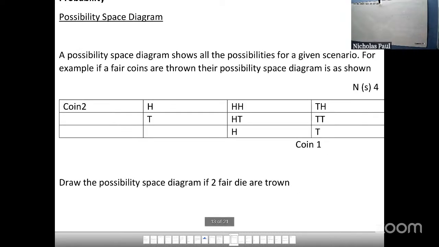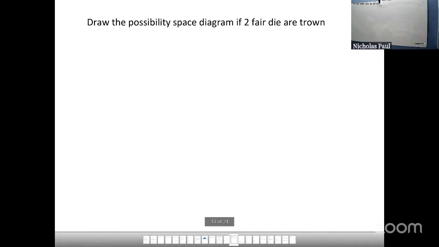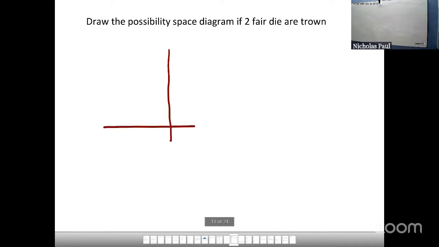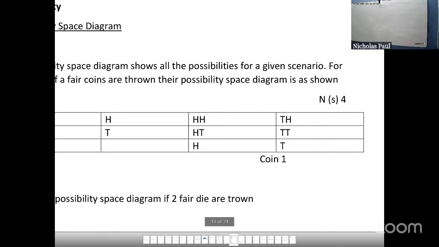Now making sense? All right, cool. So let's draw a possibility space diagram for 2 dice. What you'll do is study the possibilities of each die. Dice 1, possibilities of it. But let me do the one on top first, and I'll go over this one for the coins.